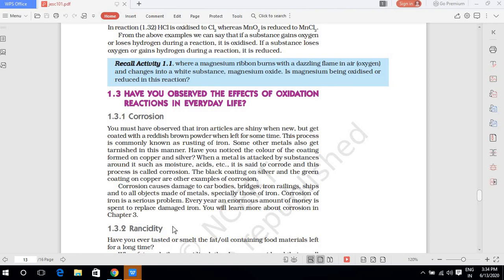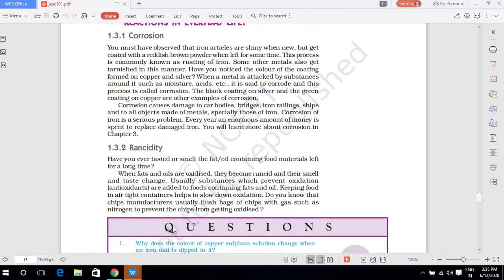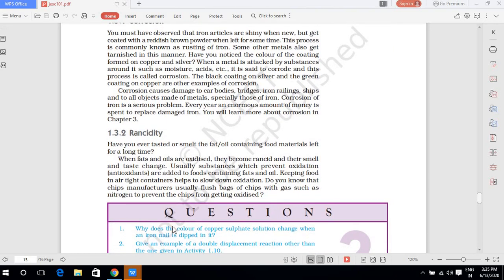And another one is the food or the fruits, or the eatables which have fats and oils. The fresh food that we have, that contains oils or fats, will become unfresh. The smell will turn, the odor and the smell mean the same thing.